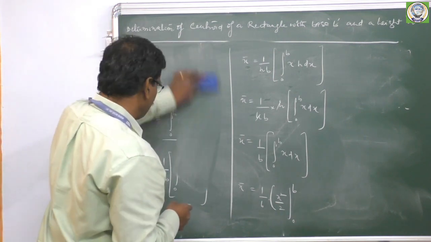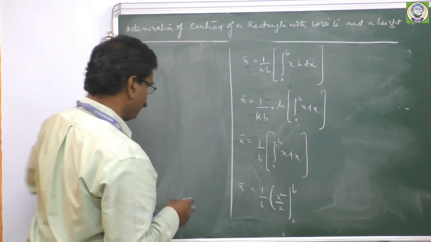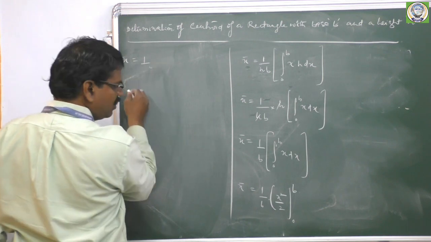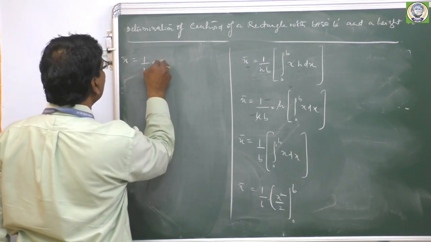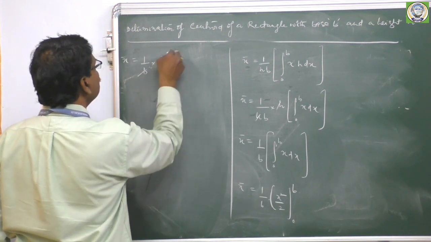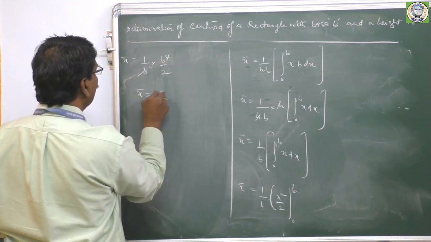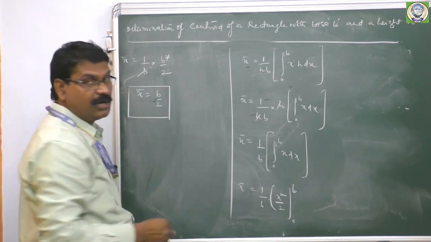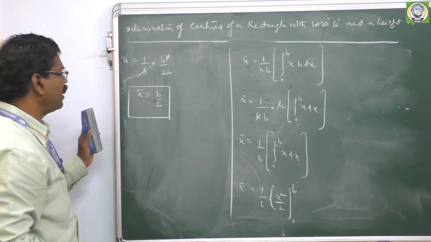That implies x bar is equal to 1 by b into b square by 2. As b cancelled one time here, we get x bar is equal to b by 2. This is the coordinate of x bar in centroid of rectangle.